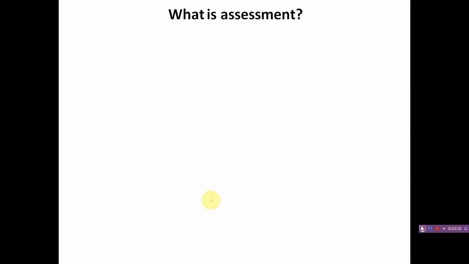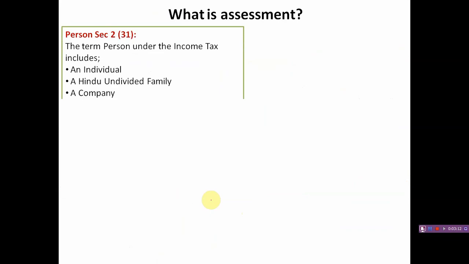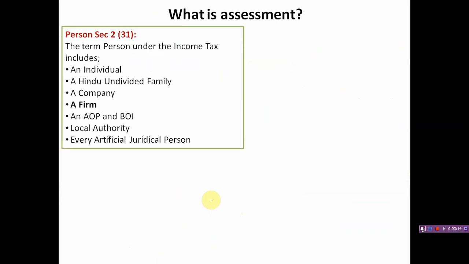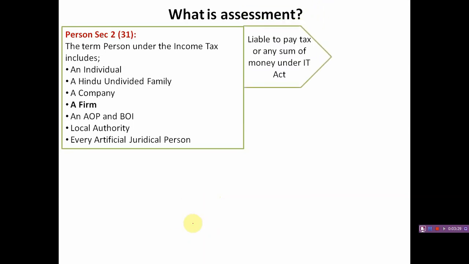Let us see the definitions given under Income Tax Act. As you know, the term person includes an individual, Hindu undivided family, company, firm, AOP, local authority, artificial juridical person.